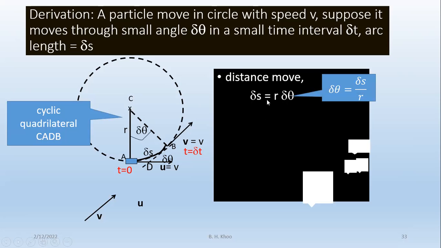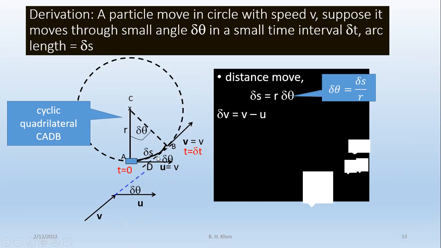Then we can rewrite it, taking the R across. And our change in velocity, remember, is a vector: delta V equals V minus U. So if that's our V, that's our V, final, minus U. Plus U is in this direction, that's your U. Minus U is in the opposite direction.